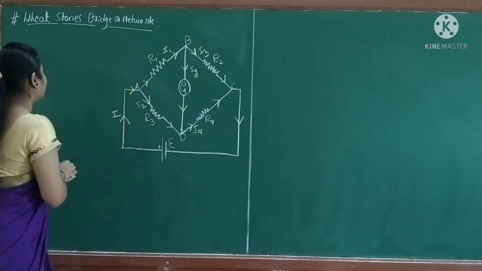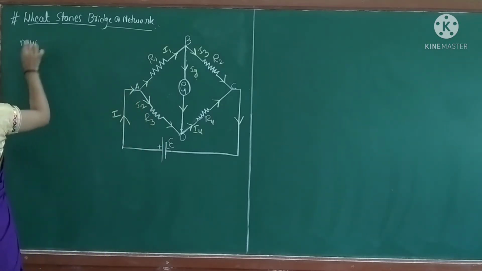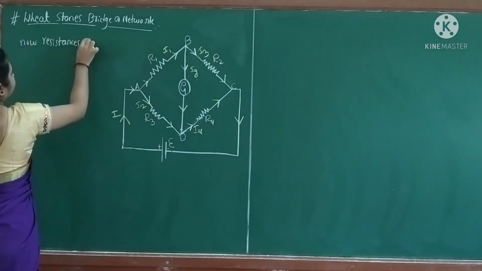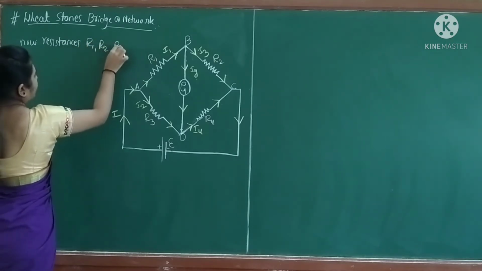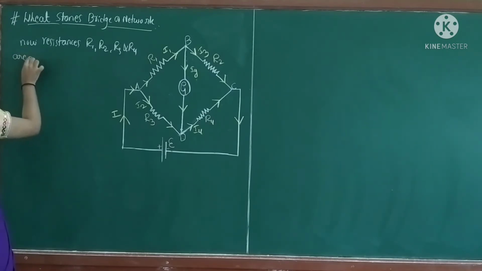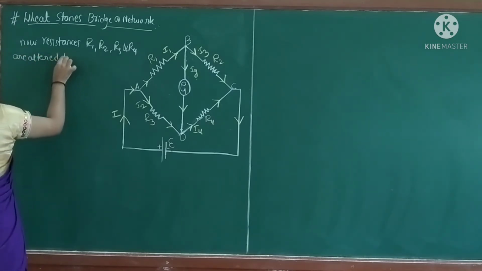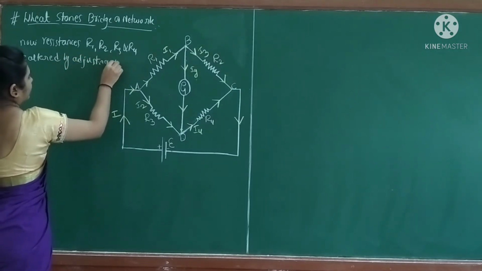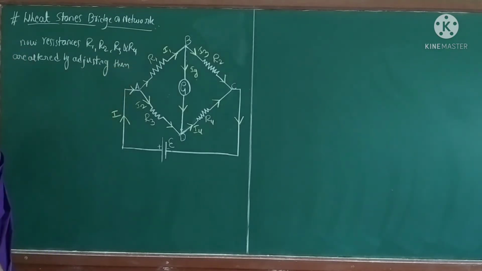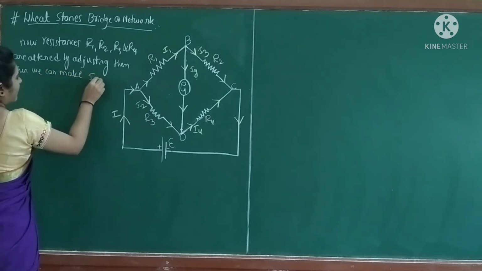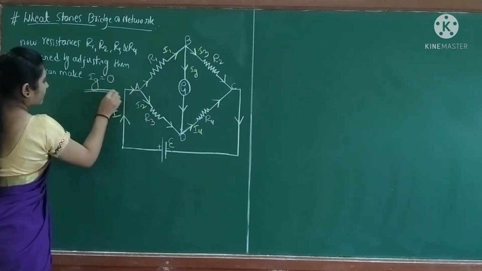Here I will write. Now, the resistances R1, R2, R3 and R4 are altered by adjusting them, then we can make Ig equal to 0.